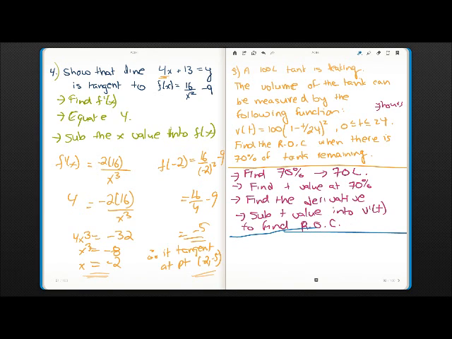Oh, sorry. We already found 70%, that's 70 liters. Now we just need to find the t-value. So 70 equals 100 times (1 minus t over 24) squared. Now just solve for t by bringing everything to one side. So that'll be root 0.7 equals 1 minus t over 24. I don't have enough space, so I'll just bring it here.